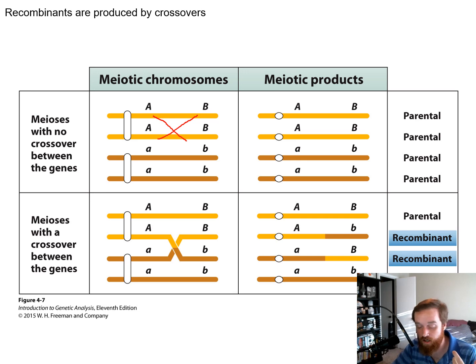If they're homozygous for the dominant or the recessive allele, then recombination would lead to no detectable change in the daughter cells. However, if crossing over were to happen between non-sister chromatids, like is the case down here at the bottom, we end up with 2 of the chromatids that are no longer representing the parental type, and these we would consider recombinants.